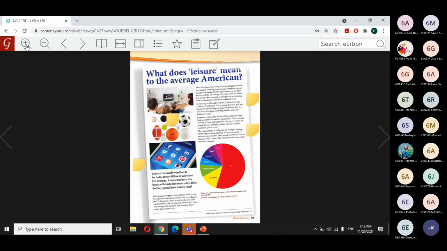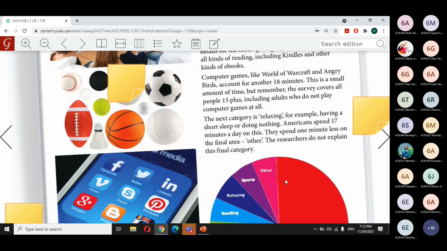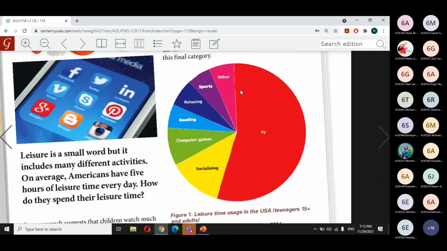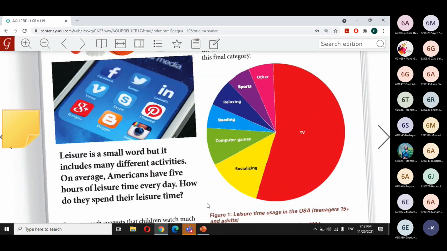And if I look at the pie chart, I will get more information. I will know that they spend most of the time on TV, socializing, computer games, reading, relaxing, sports, and other. So we've got all this information even before reading the text.